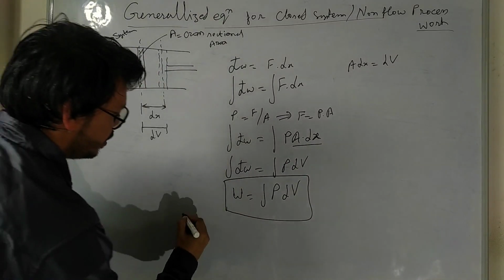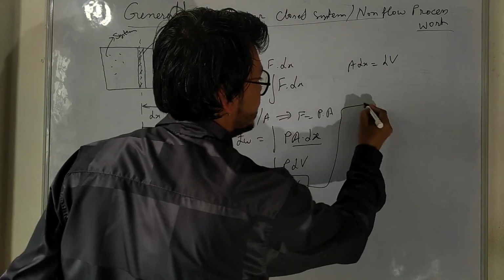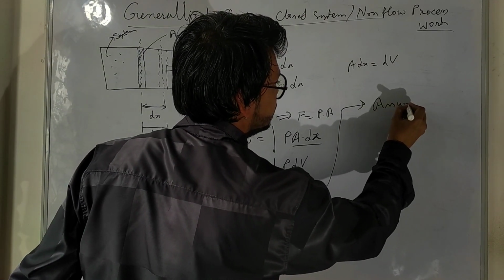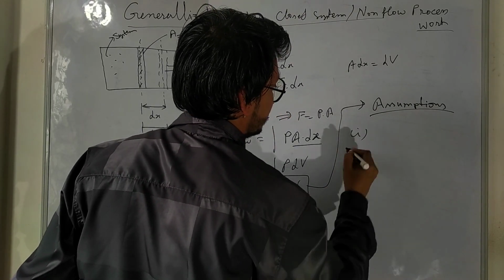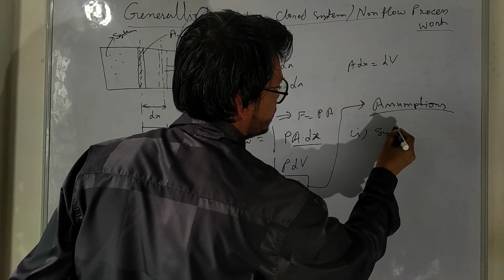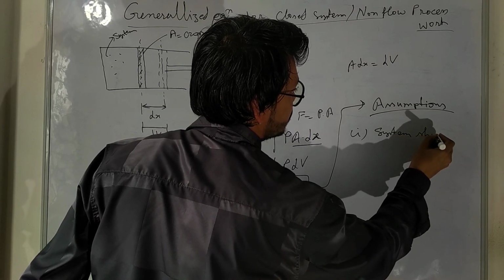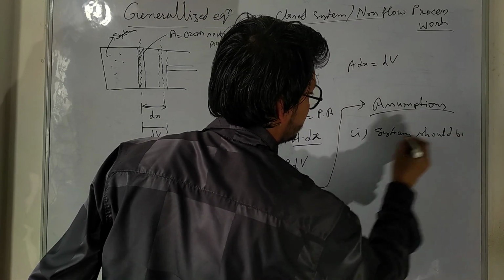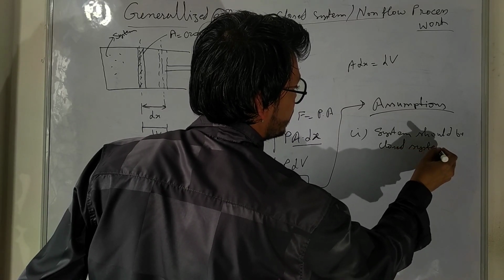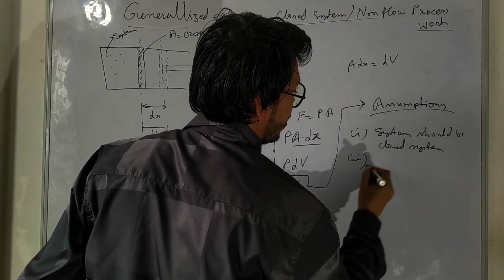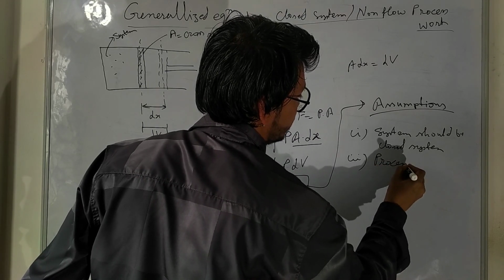We have taken assumptions here, so we can write assumptions for this formula. First, the system should be a closed system. Process must be a reversible process.